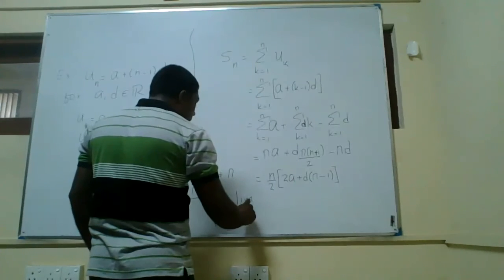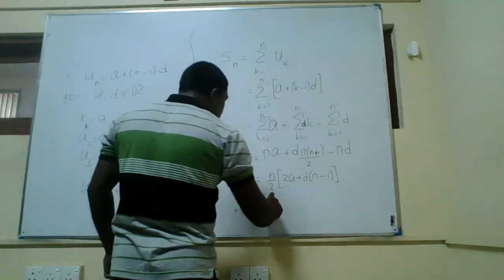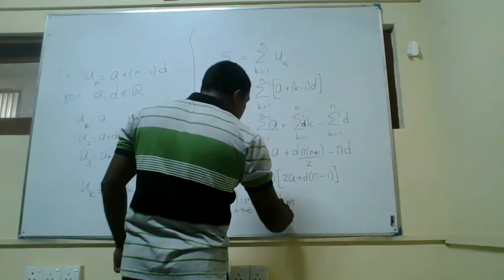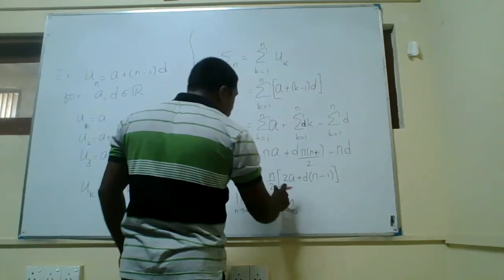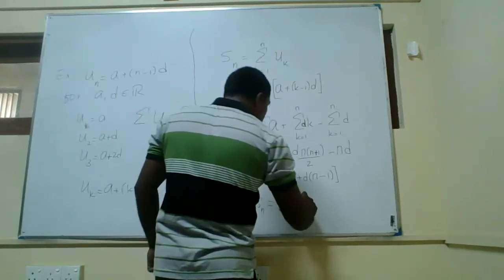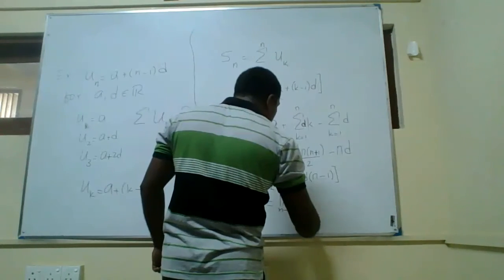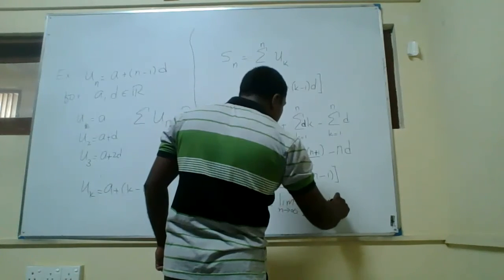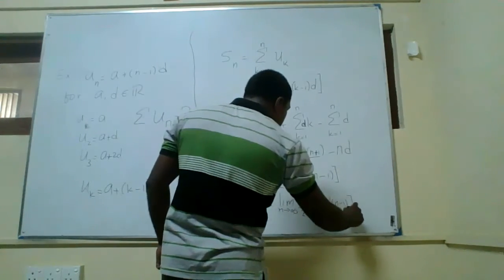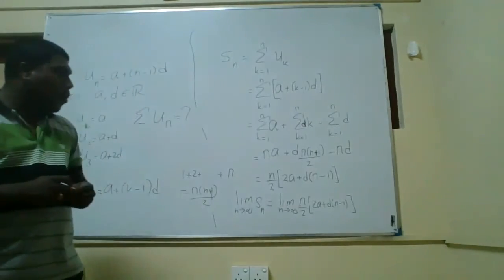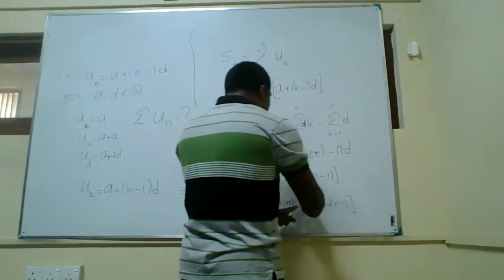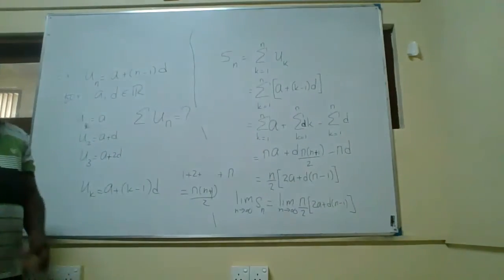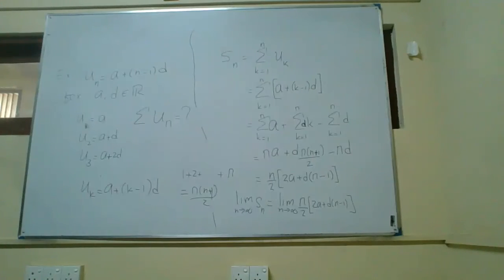The limit as n goes to infinity of Sn is basically the limit as n goes to infinity of this term: n over 2 times (2a plus d times (n minus 1)). This whole thing is multiplied by n over 2, and you are taking n to infinity.